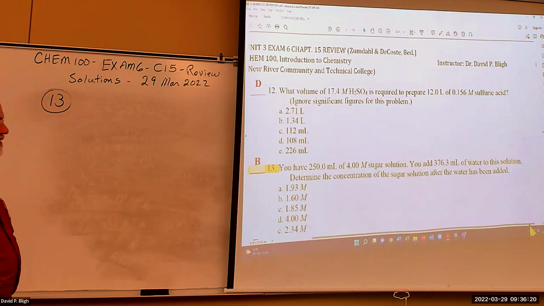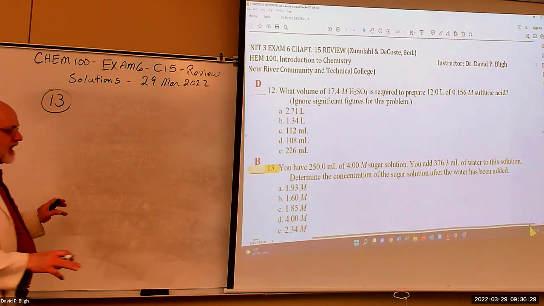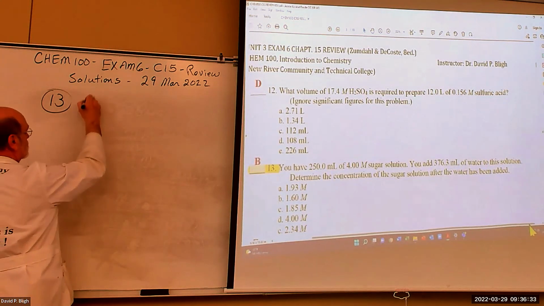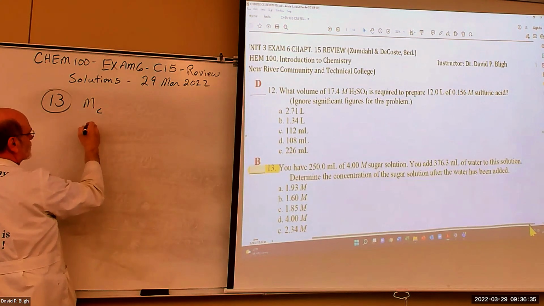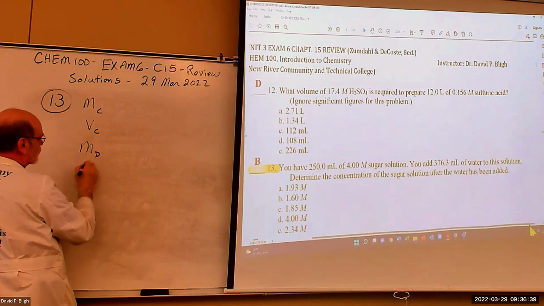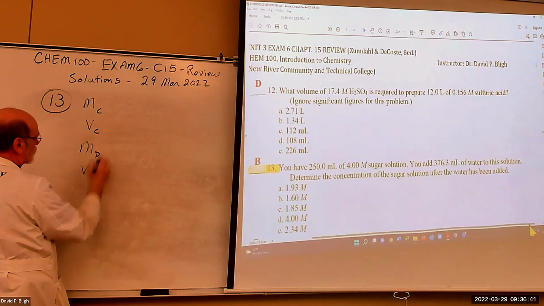Determine the concentration of sugar solution after the water has been added. Okay. This is a dilution problem, but you've got to be careful that you have the right amounts for each one. So we need concentrated molarity, concentrated volume, dilute molarity, and dilute volume.